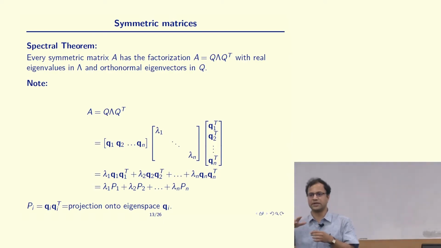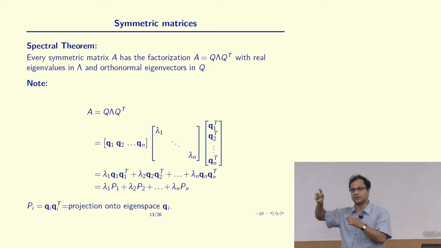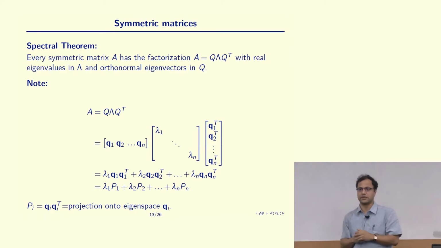We are basically splitting this matrix along by the projection matrices, lambda 1, lambda 2, lambda n are the components. We are not yet multiplying with another vector to get the projection vector or the length of the projection vector. These are the matrices. So we are breaking our main matrix into the sum of the projection matrices.